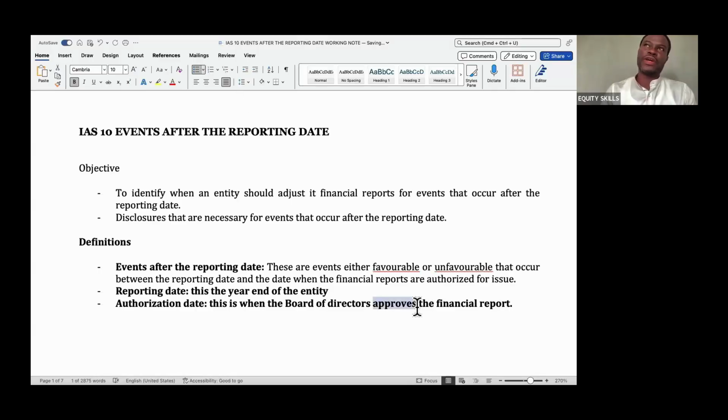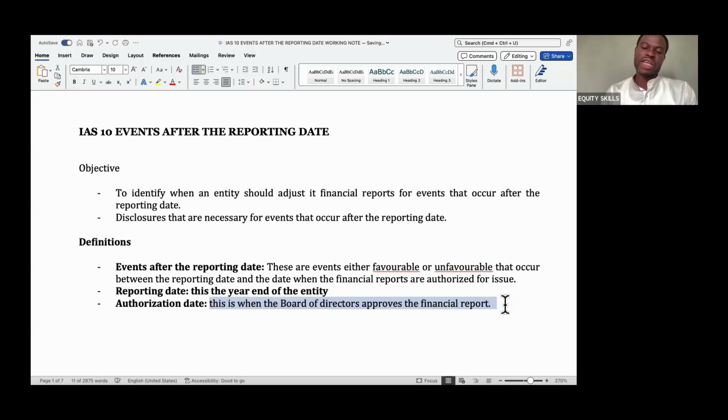There are some instances where when the board approves, they would present the report to the shareholders, or there are some companies that might have a supervisory council within them. They might present it to those people, but that's not the authorization date. The authorization date is the date when the board of directors approves the financial reports. That date is the authorization date.